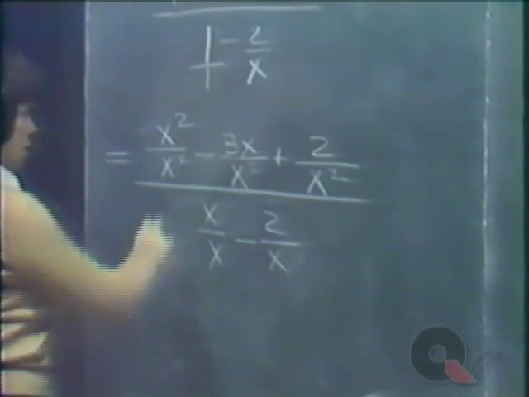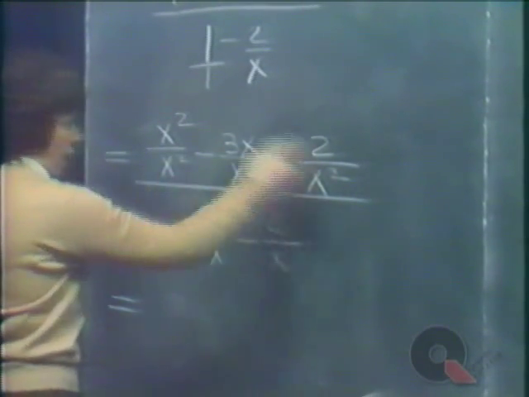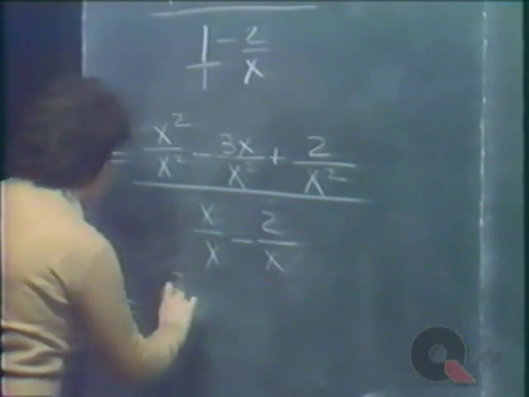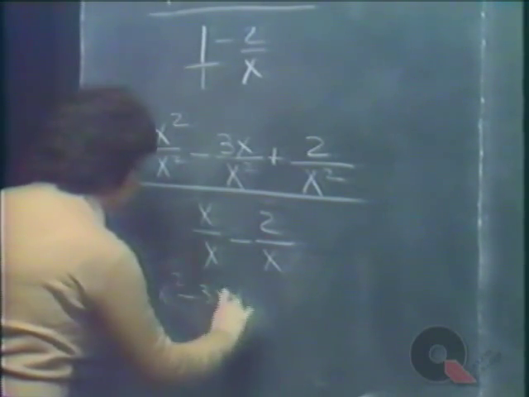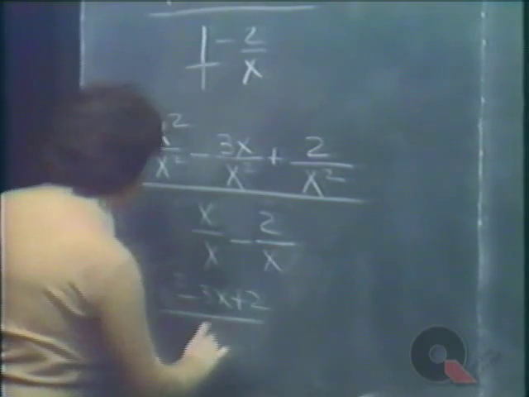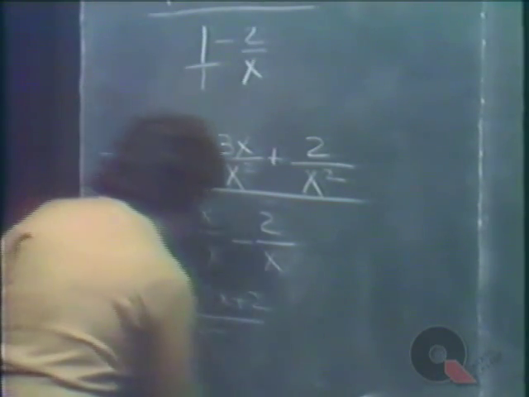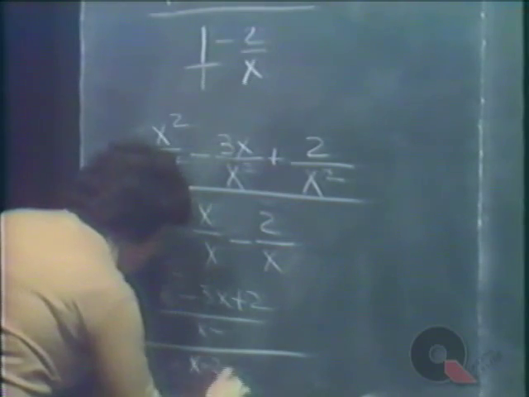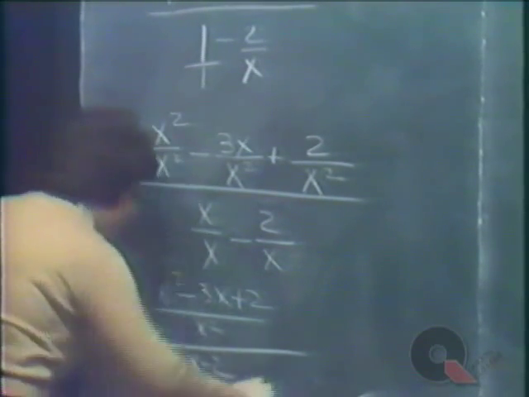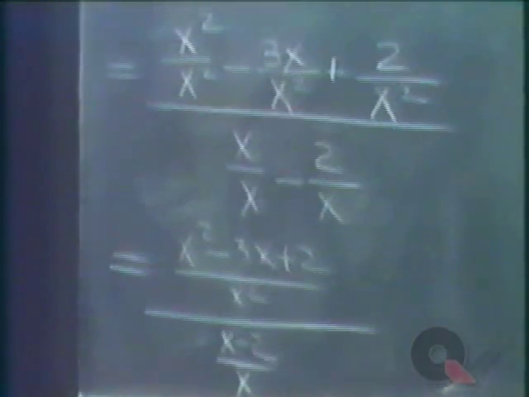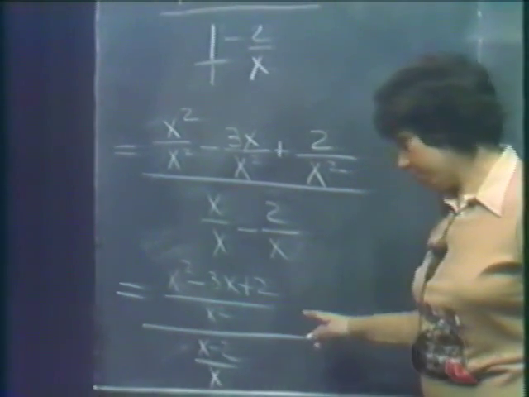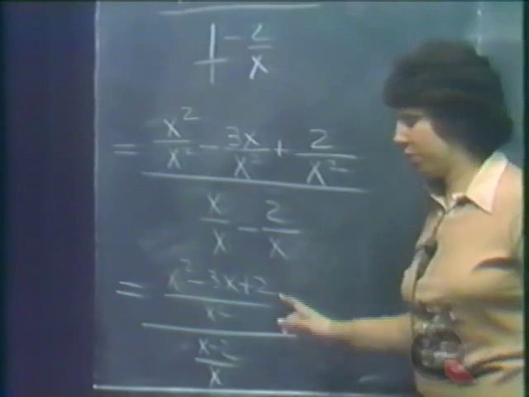Okay, now on the top, once we have all the same denominators, we combine numerators. We get x squared minus 3x plus 2 over x squared divided by, here, x minus 2 over x. And what we're going to do is, instead of dividing by x minus 2 over x, we're going to invert and multiply by x over x minus 2.